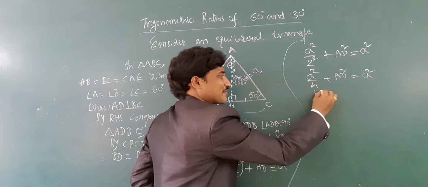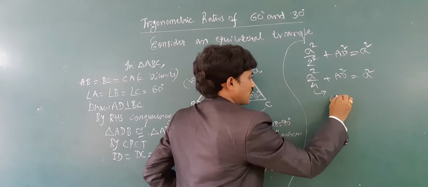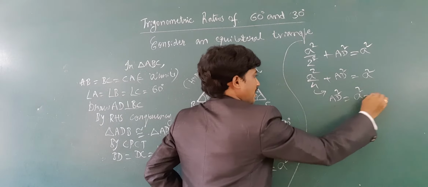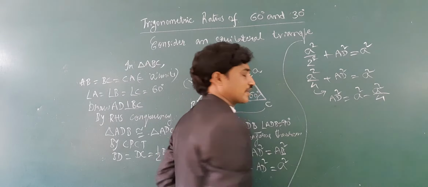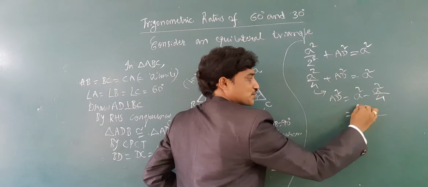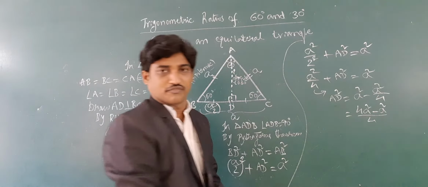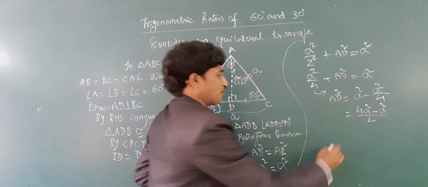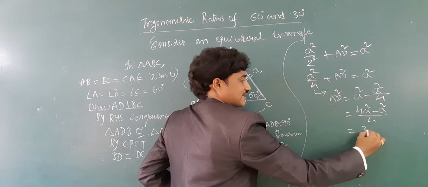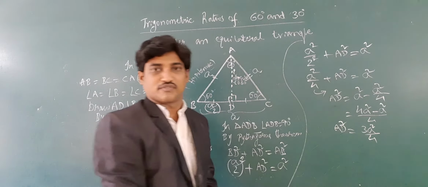Transposing A square by 4 to the RHS, AD square equals A square minus A square by 4. Taking LCM 4, we get 4A square minus A square by 4, which is 3A square by 4. So AD square is 3A square by 4.